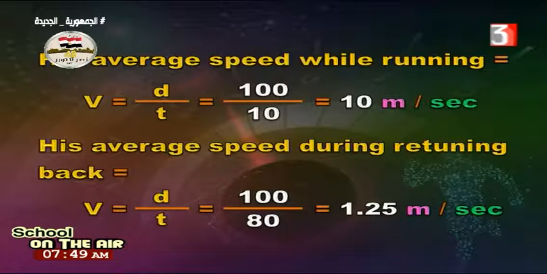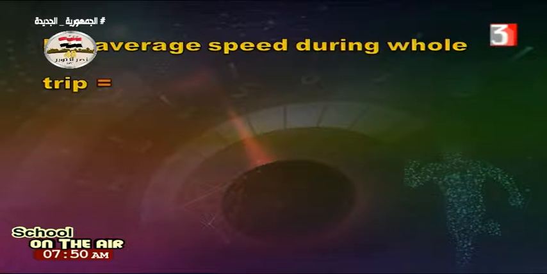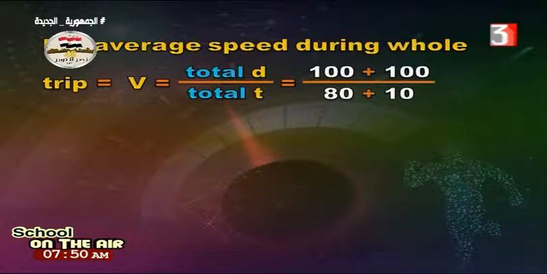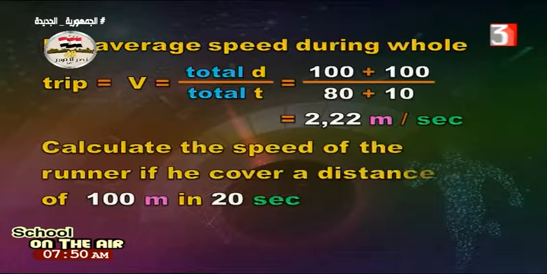You can observe the difference between average speed in two cases. His average speed during whole trip: we take the total distance over total time, 100 plus 100 over 80 plus 10, equals 2.22 meter per second.